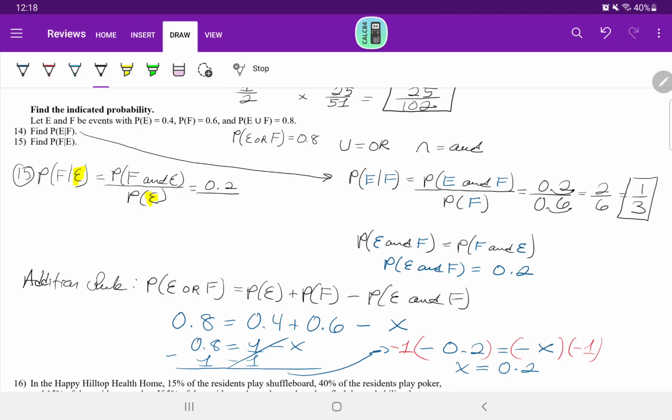The probability of E is 0.4. Move the decimals 1 over to the right. 2 divided by 4 is 1/2. That's 14. That's 15. And for us to find the probability of E and F, we had to use the addition rule.